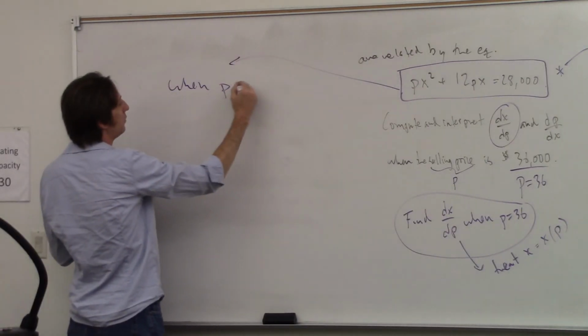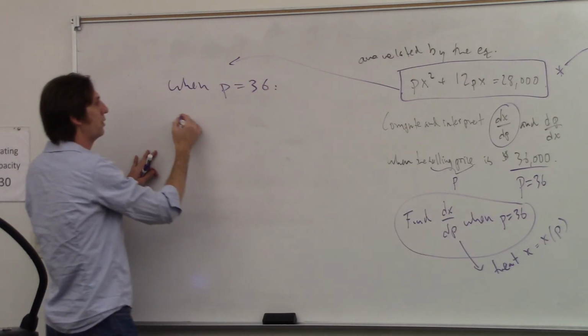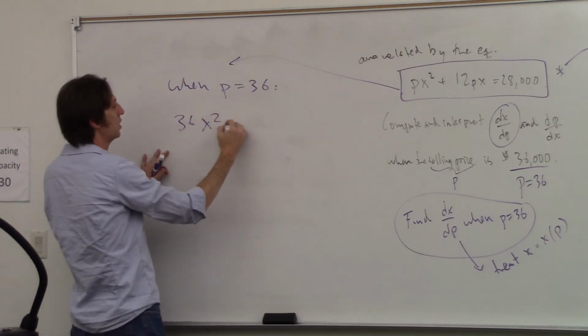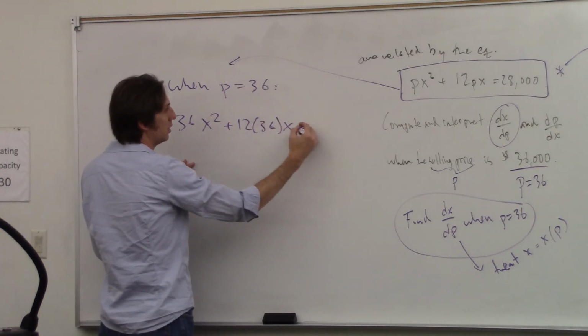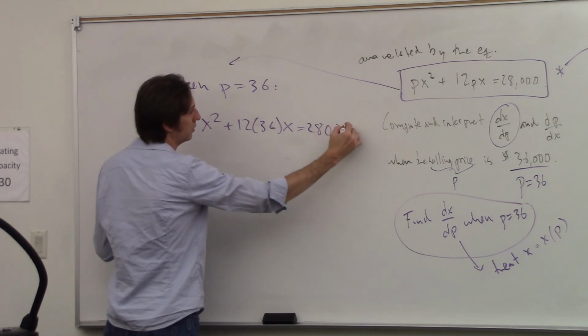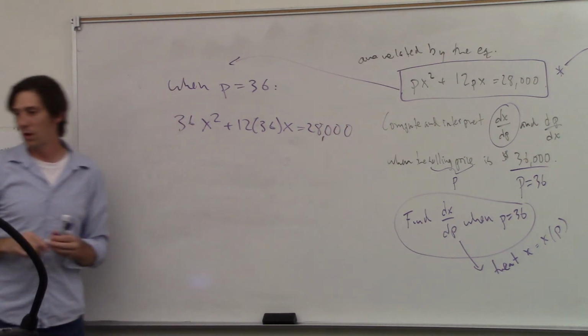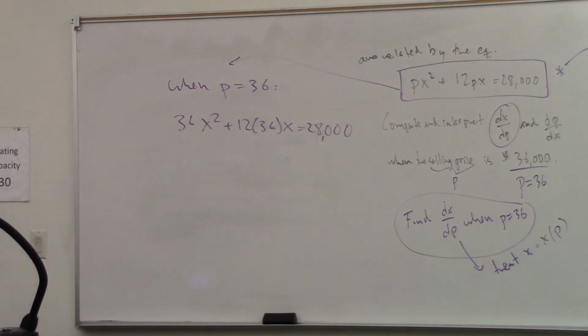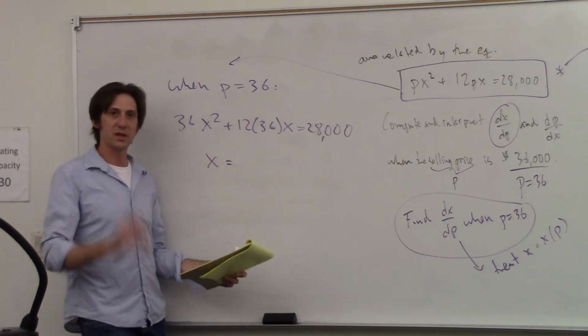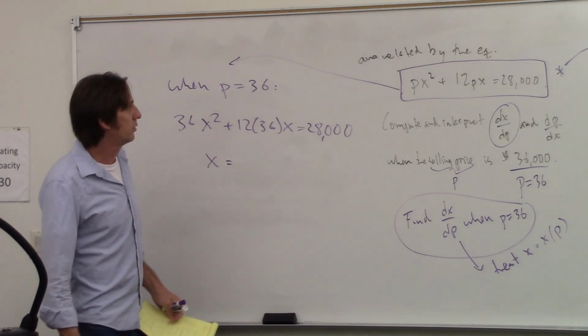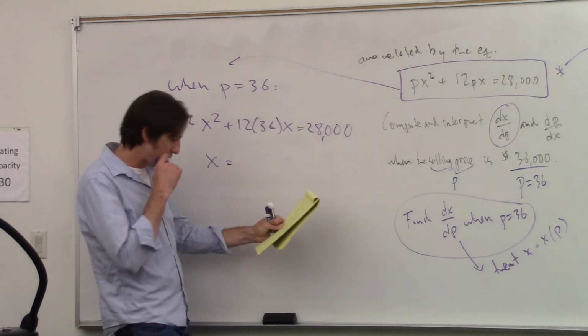Okay, when p is equal to 36, what do we end up with? 36 x squared plus 12 times 36 times x equals 28,000. And if you solve this for x, I'm going to leave the algebra to you. You get x equals plus or minus, but we're going to take the positive root because x is a real quantity.